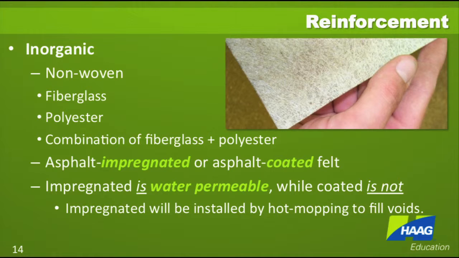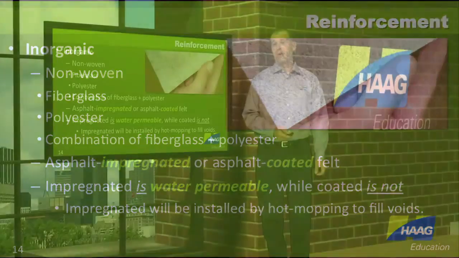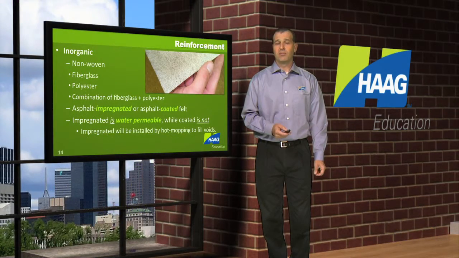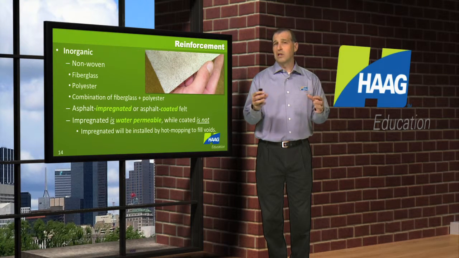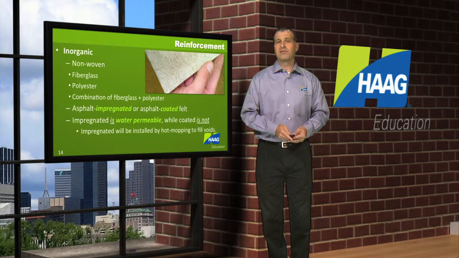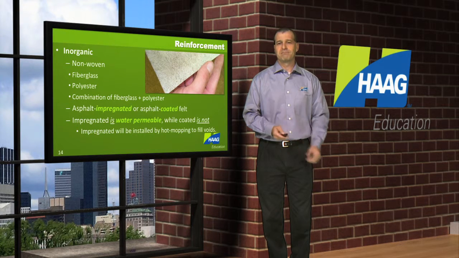If you give it a lesser amount of asphalt to where it doesn't completely cover the surface, that is termed asphalt impregnated felt. In this, there's going to be small holes and voids in that mat material. And these are what are used when you're hot mopping the built-up roof, because that hot liquid bitumen will go through the holes and voids and will help lock the plies together and make for a stronger roof system.